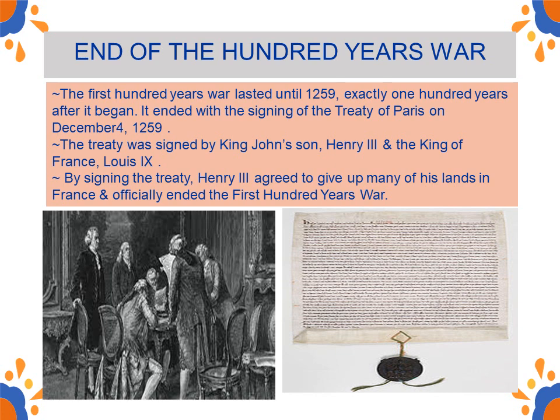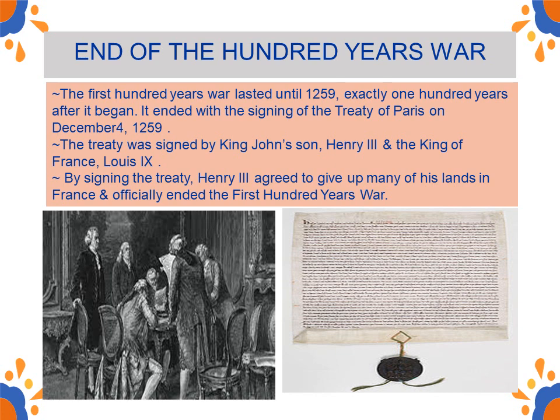Now, this first 100 years war lasted until 1259, having started in 1159 CE. Exactly 100 years later, it was ended by the Treaty of Paris on 4th December 1259 CE.